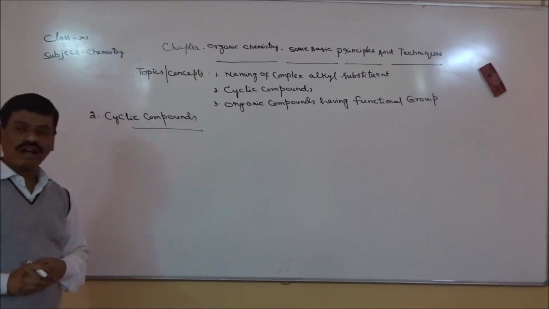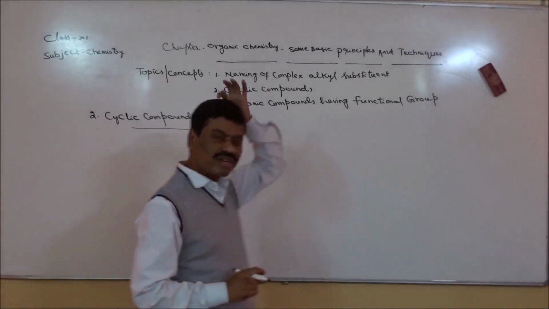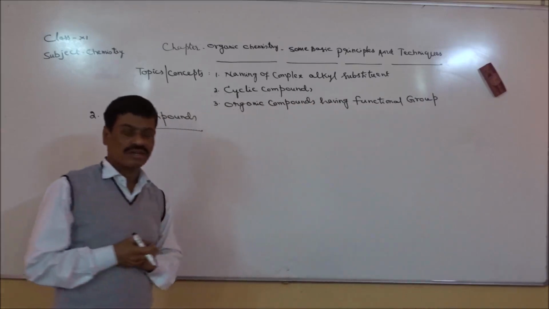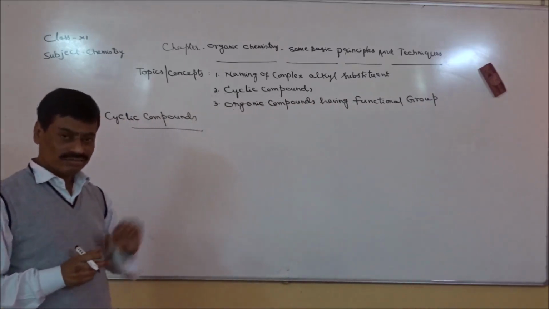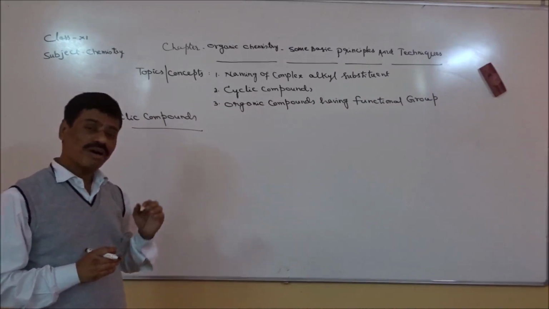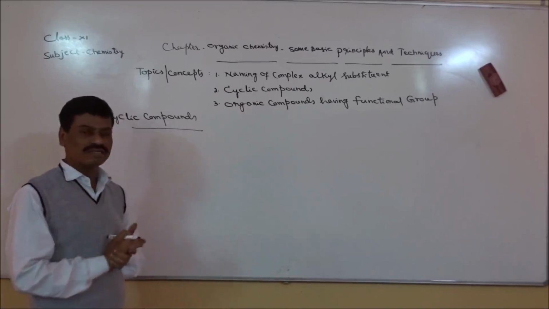How should cyclic compounds be named? Cyclic compound means ring compounds. Now let us see the ring which does not contain pi bond or pi bonds in it, meaning it should not be benzene.